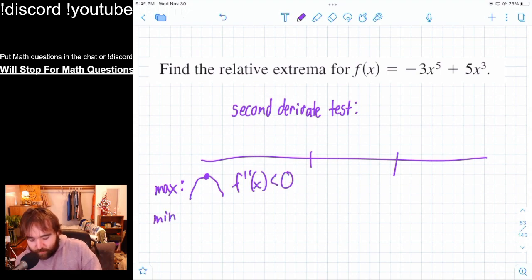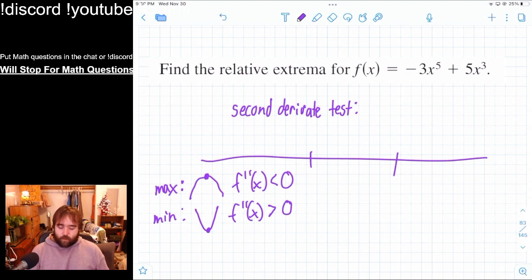And if it's a minimum, it looks like this. It's concaving up, so the second derivative is greater than 0. Notice how that's a little counterintuitive. For the minimum, you want a positive second derivative, and for the maximum, you want a negative second derivative. But you can see why that's true.